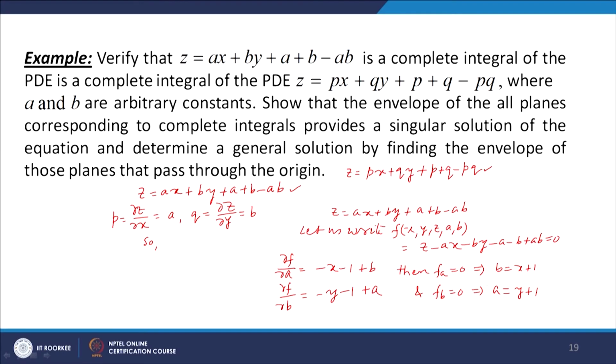So let us find the singular solution. The singular solution is obtained by eliminating a and b between these three equations. Let me call them 1, 2, 3. So let us put a equal to y plus 1 here and b equal to x plus 1.